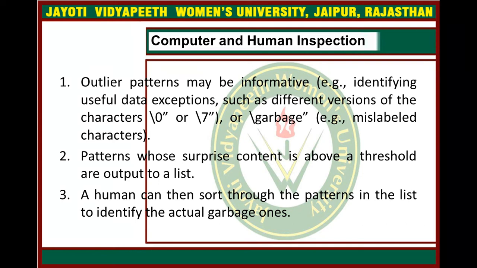It is not always necessary that it is informative. Patterns whose surprise content is above a threshold are output to a list. A human can then sort through the patterns in the list to identify the actual garbage ones.